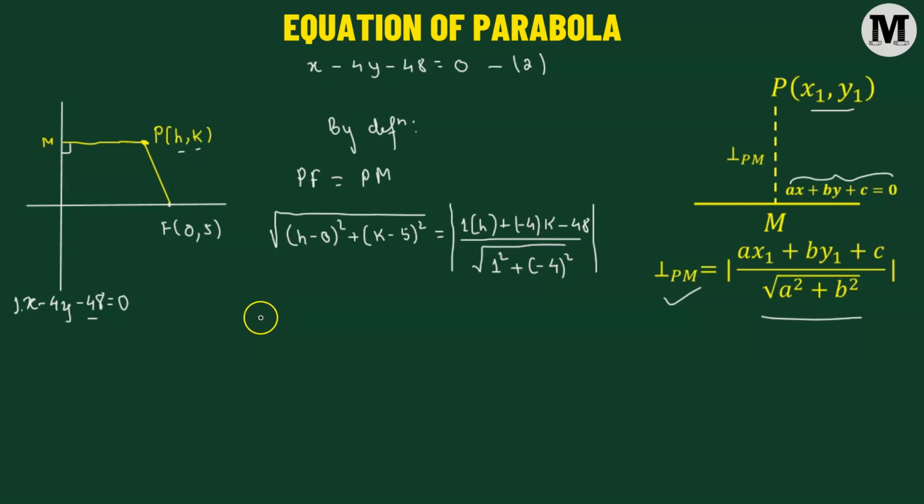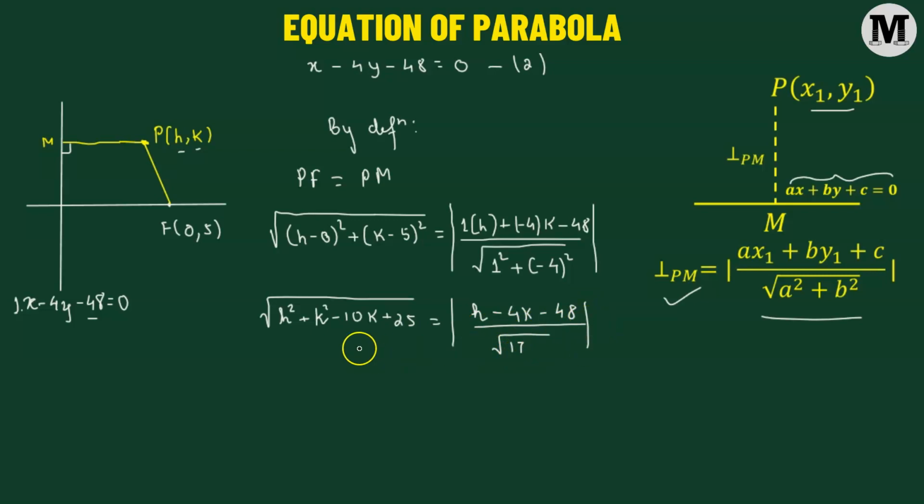Now let's further simplify. We get the square root of h squared plus, expanding (k minus 5) whole squared, k squared minus 10k plus 25. This equals the absolute value of h minus 4k minus 48 divided by the square root of 17.